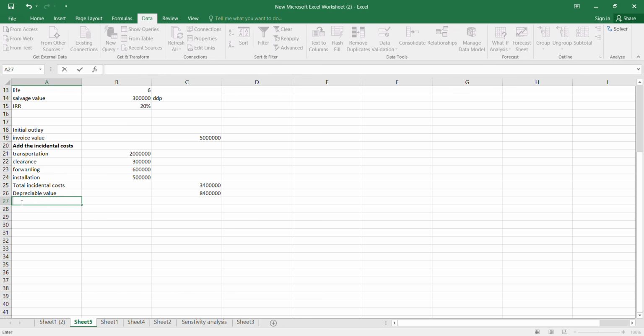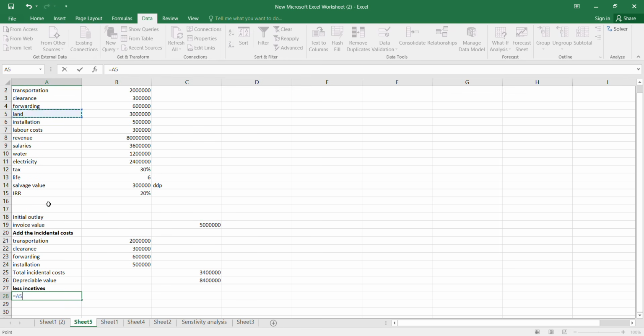And if we have any incentive, we less it. So we shall first less incentives, and the incentive we have is land. We just put it as a negative.